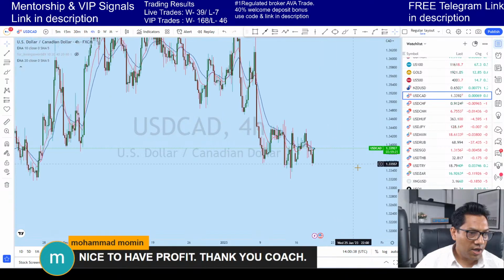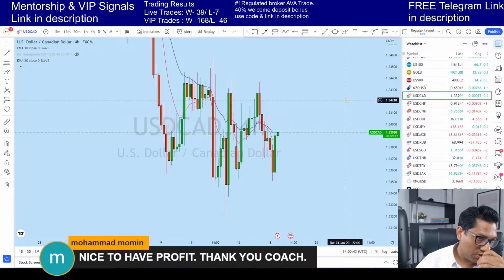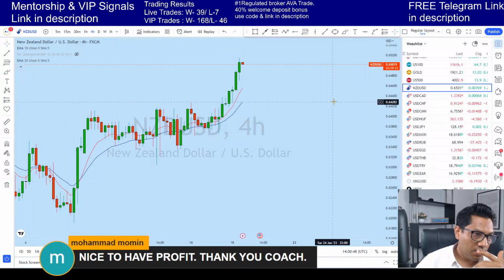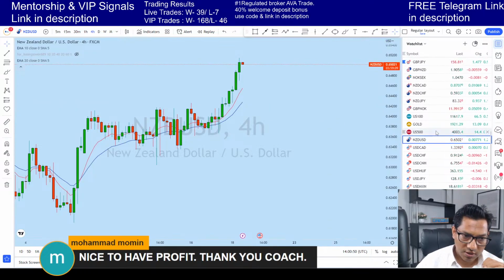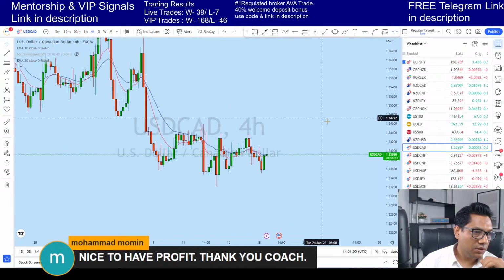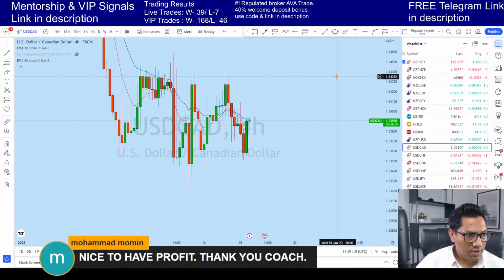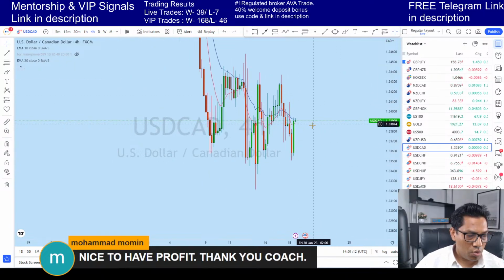We see only dollar CAD has gone the other direction. All the dollar pairs, CAD is very strong. You see all the instruments were stronger against the dollar, except only against CAD the dollar is stronger. That's really unusual because of the strengthening in CAD. I think we might see a move on dollar CAD now.